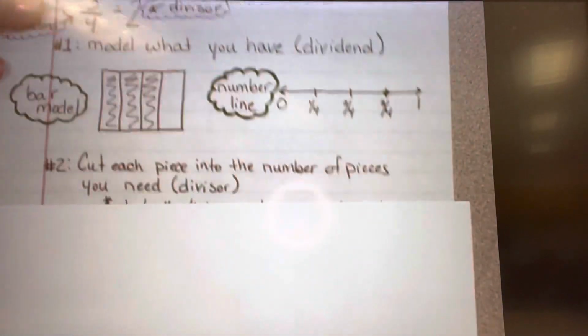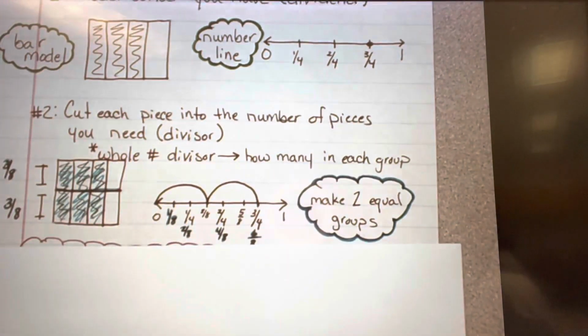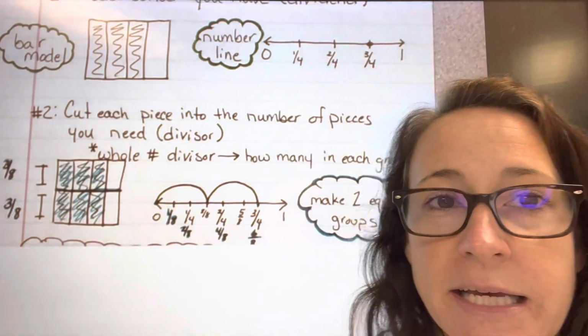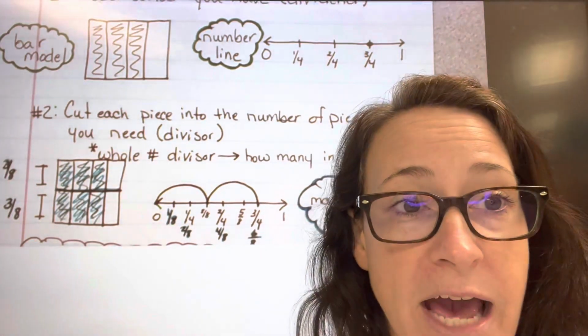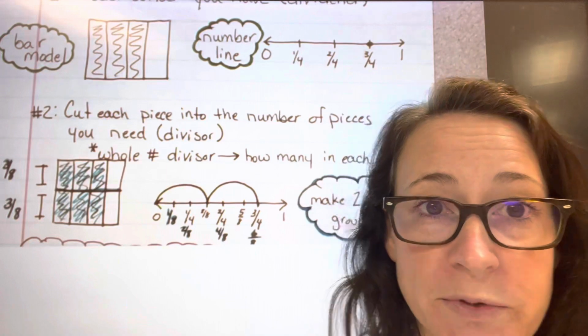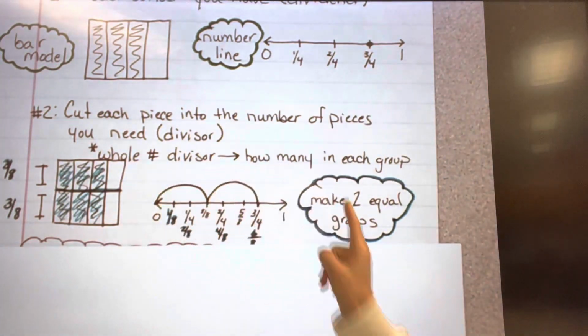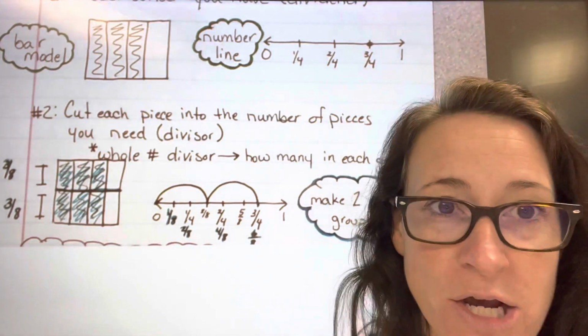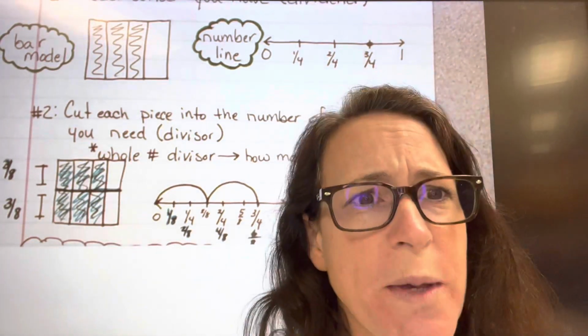And then the second step, there's lots of things going on here. For the second step, you're going to cut each piece into the number of pieces you need. So we need to have 2 equal groups. That's your divisor. So if your whole number is a divisor, you've got to ask yourself how many are in each group. So you have 3/4, you've got to split them between 2 people.